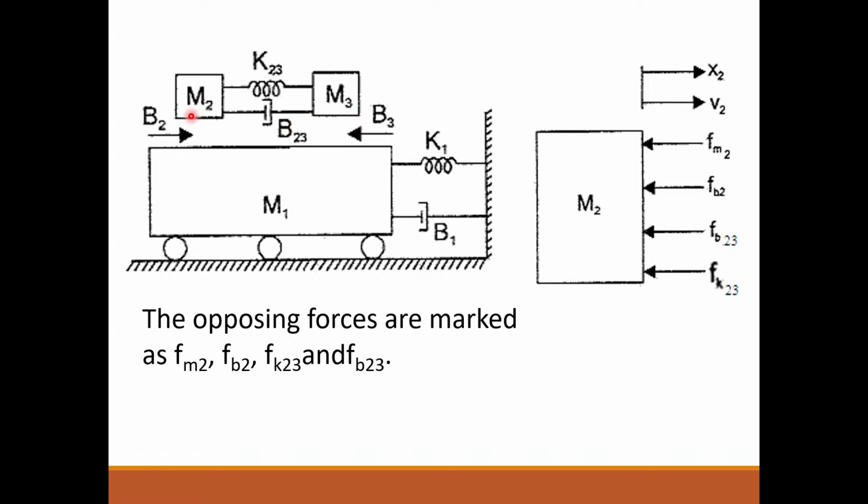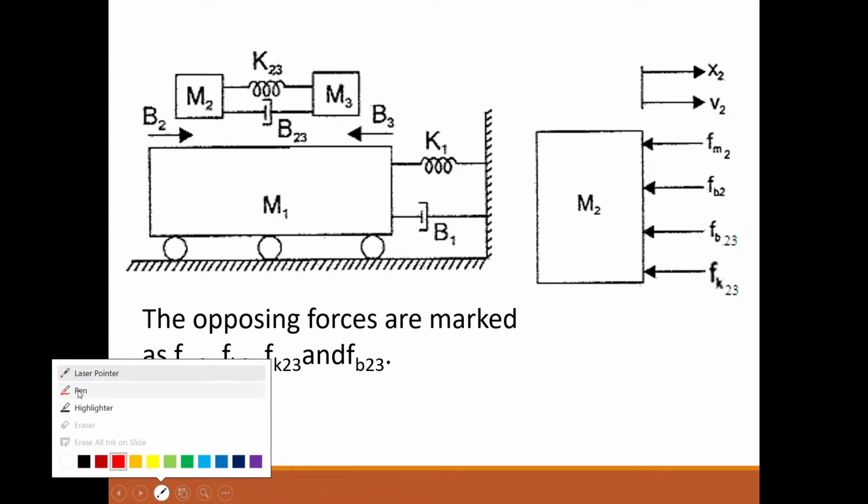These are the opposing forces at mass M2. So I just copied this image on this slide in order to show you how to write the free body diagram from the given mechanical system. I'm sorry, not circuit. It is a mechanical system, it's not electrical, so I should not say circuit.